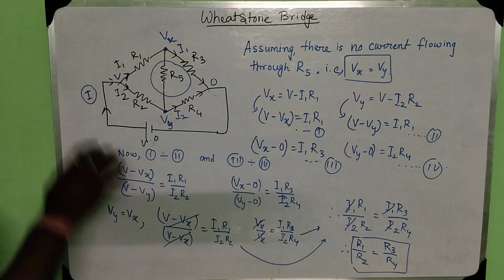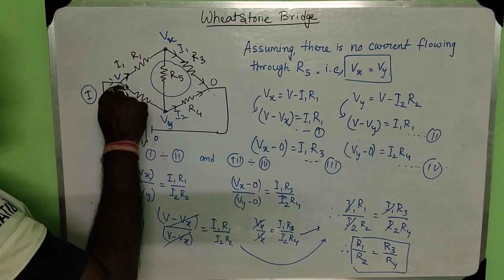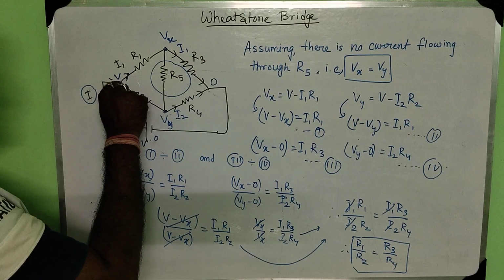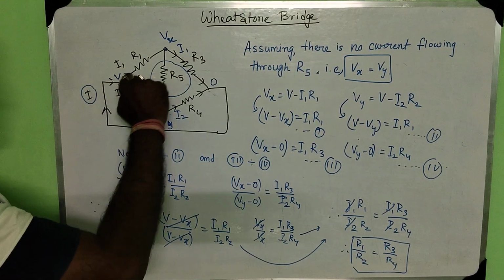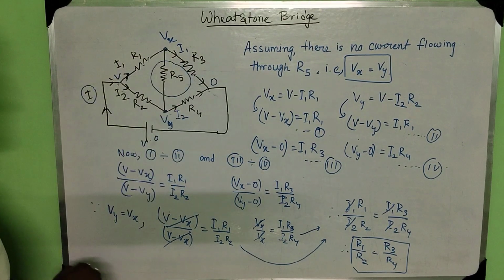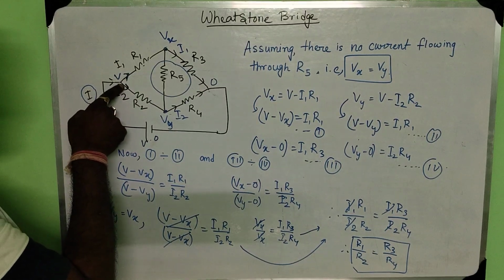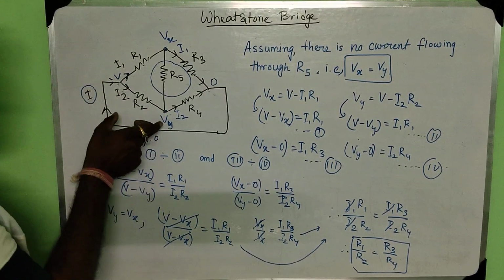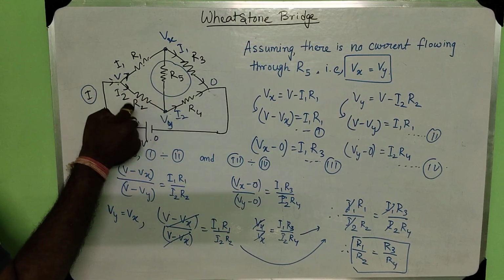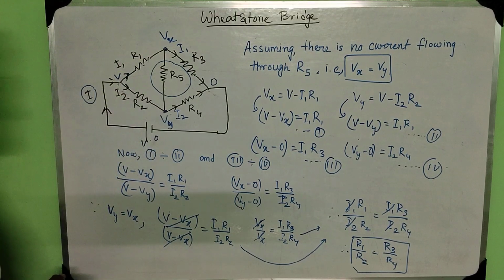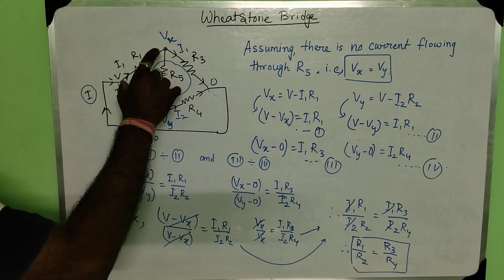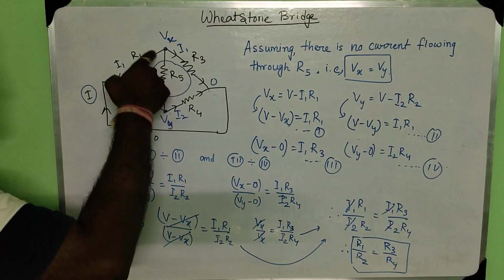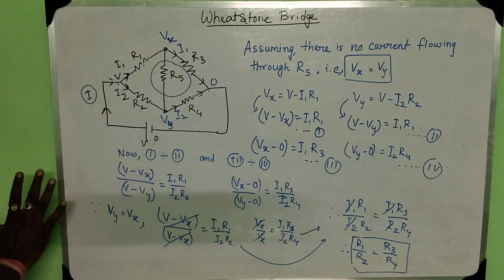The concept I have taken is that if the potential at this terminal is V, then there is a potential drop and it comes as Vx. Again here, if the potential is V, there is again a potential drop and it comes as Vy. Then V minus Vy equals the potential drop in this resistance. At the same time V minus Vx is the potential drop at this resistance.